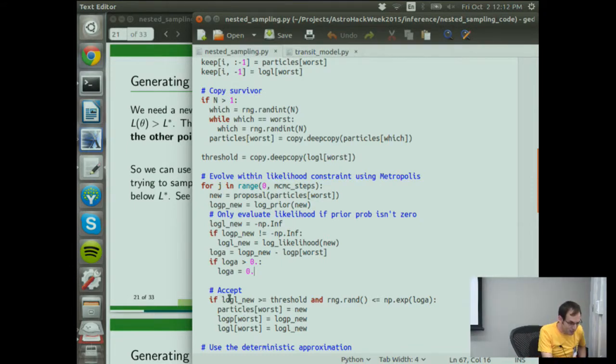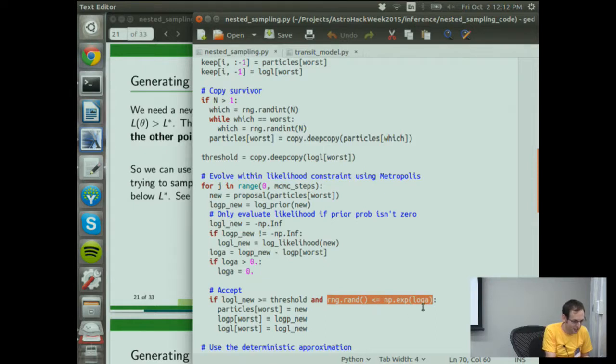So this acceptance probability is slightly different from what you usually see. You usually see in the Metropolis algorithm that the acceptance probability is the ratio of the prior times likelihood at the proposal divided by the current point. Here instead we have what looks like an acceptance probability that's based only on the ratio of the prior densities.